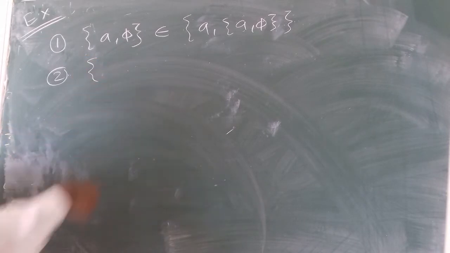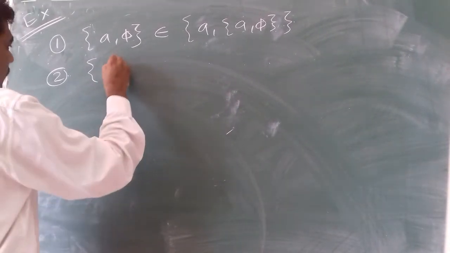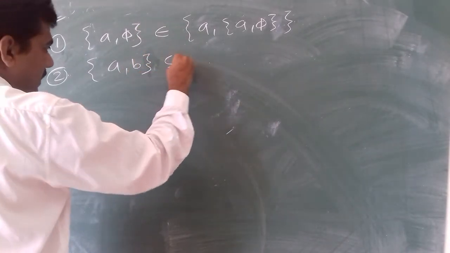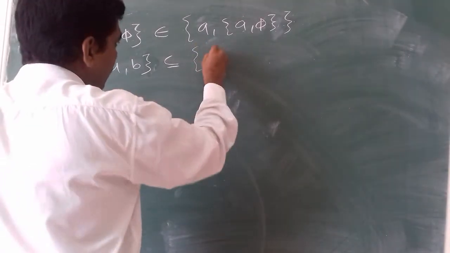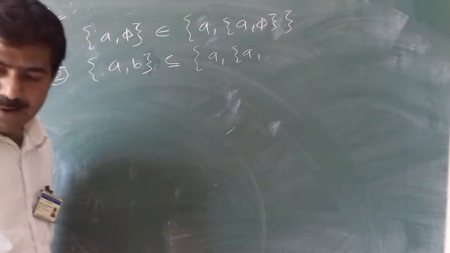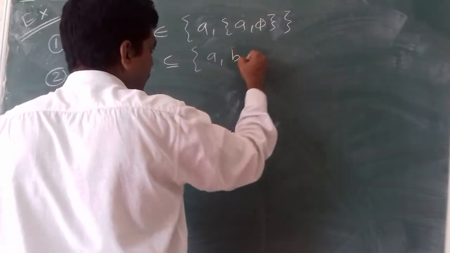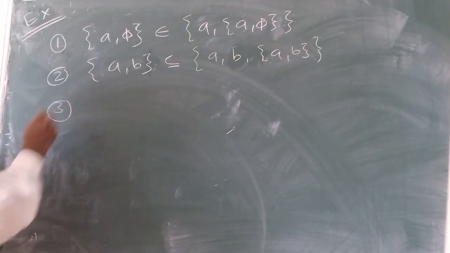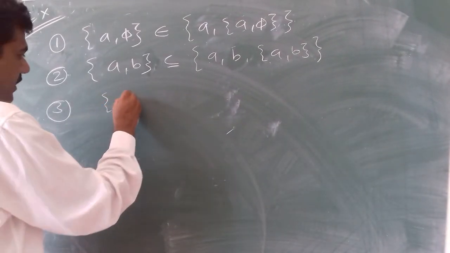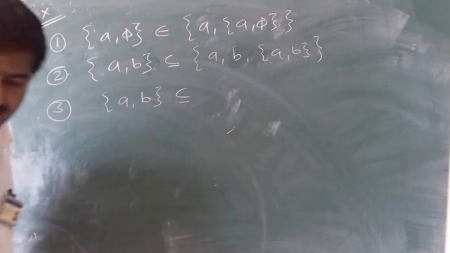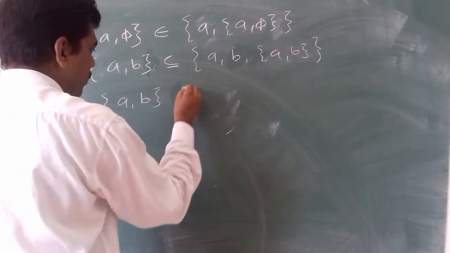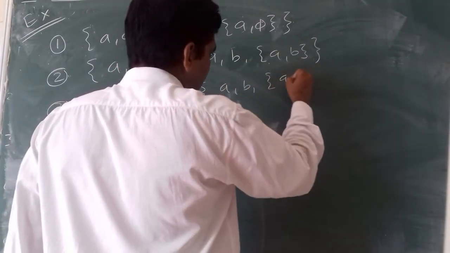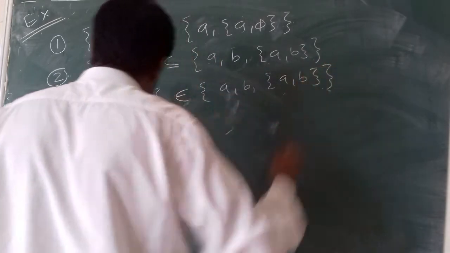Second example, I will write the list first. Okay. Then we go one by one. A, B is a subset of the three elements: a, b, and a set with the elements a, b. The third statement is, a, b is a subset of a, b. a, b belongs to the same set, this a, b, within the set a, b.